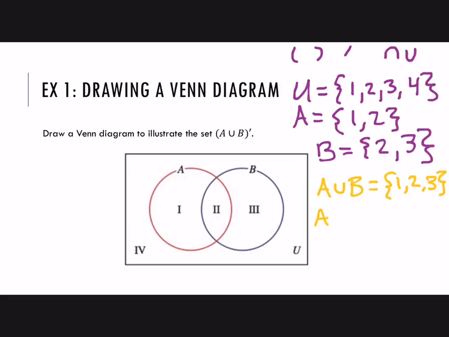Okay, and then the complement of that, all right, the way to do that was to look at what it is we're taking the complement of, 1, 2, and 3, compare back to the universal set, cross those things out, and see what's left. And we're left with 4. All right, and then that's it.